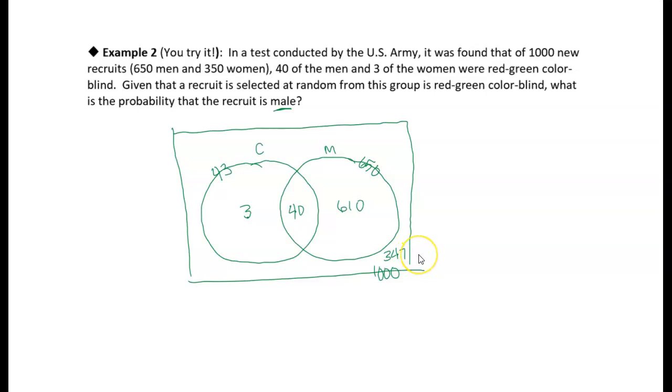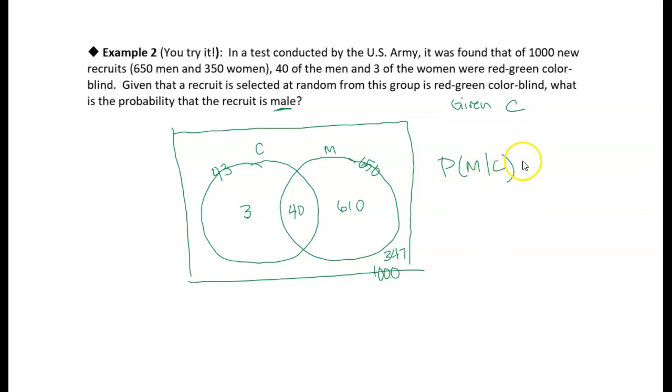All right, so what are we asked? We want to know, given that the recruit, selected at random, is colorblind, given C is true, then what's the probability that they're a male? Okay, so we're asked to find the probability of being male given that they're colorblind.